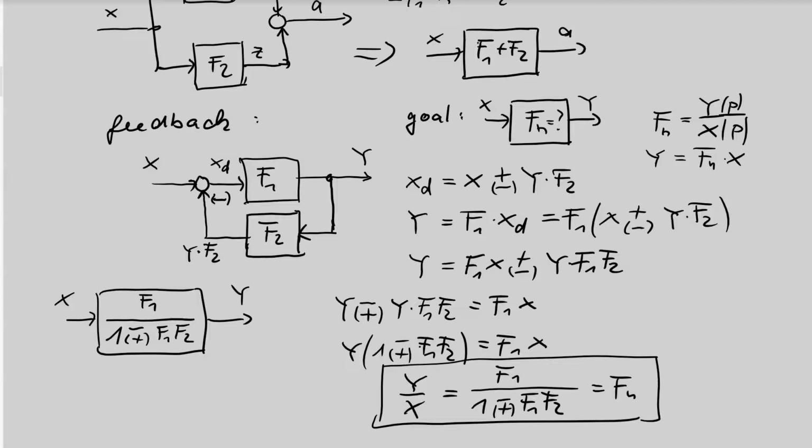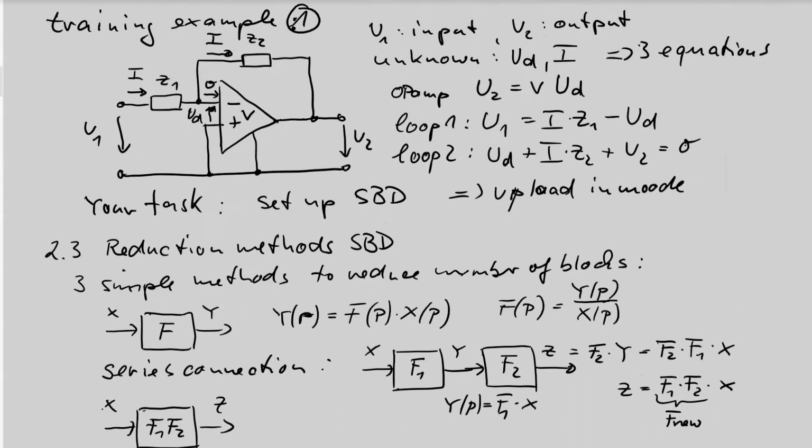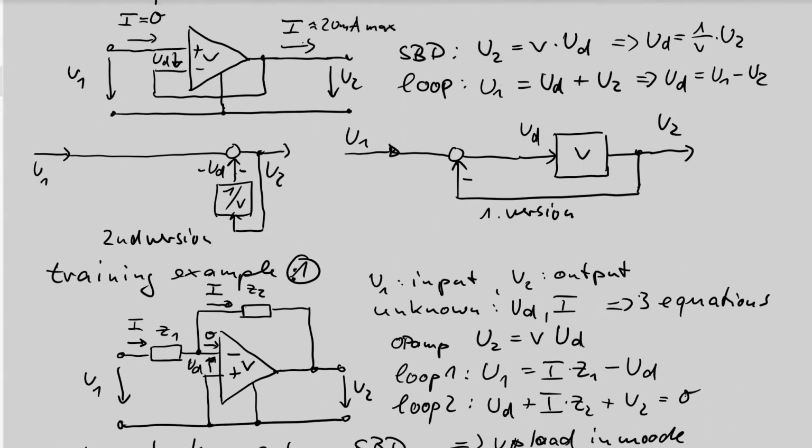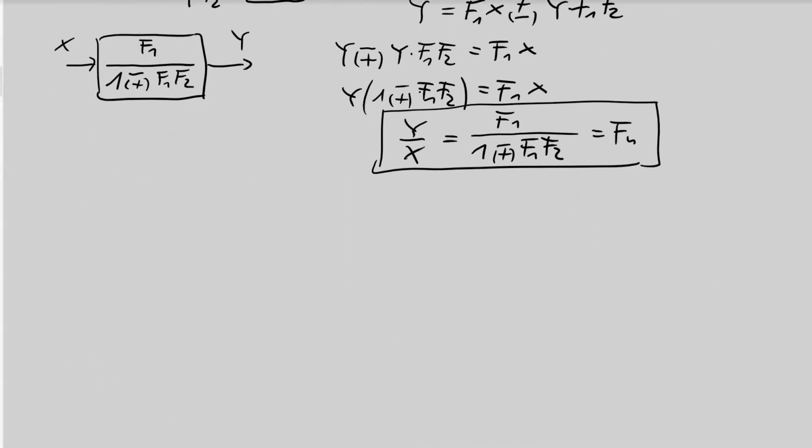Let's apply these 3 rules to our previous signal block diagrams. For example, here the signal block diagram of my non-inverting amplifier, isolation amplifier. This I make a quick copy and then I apply this.